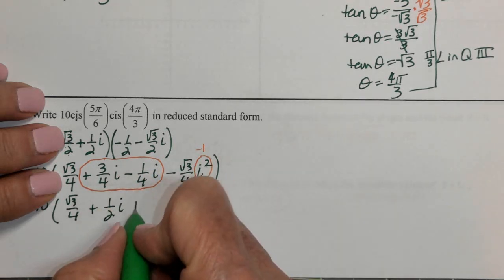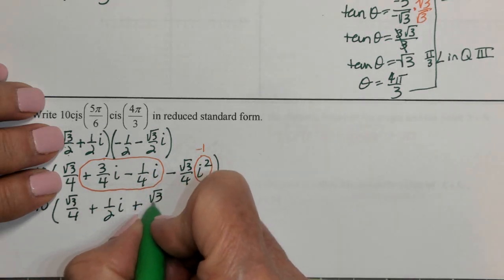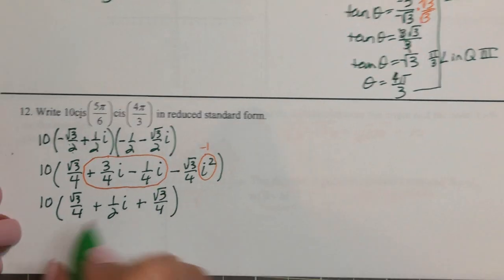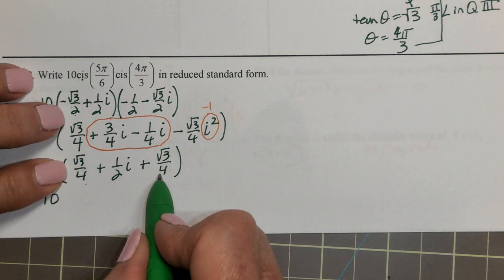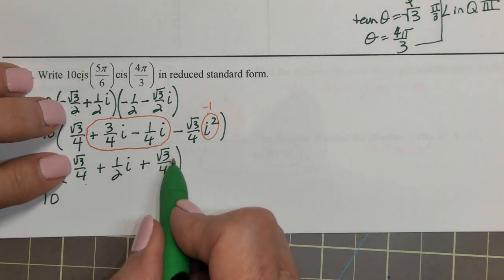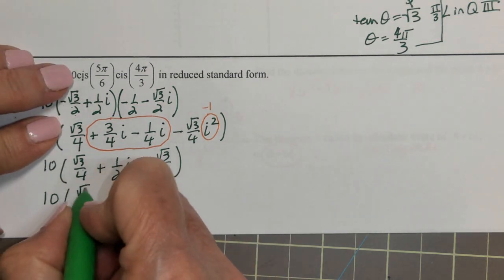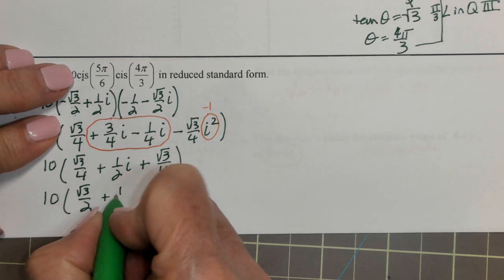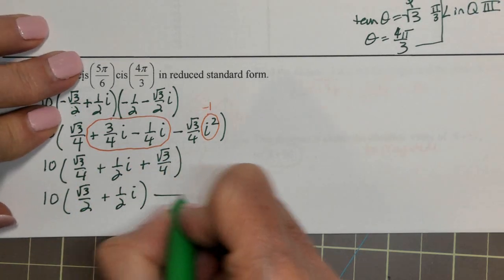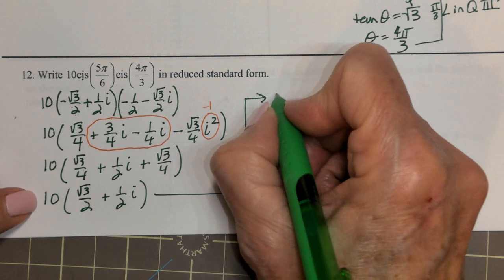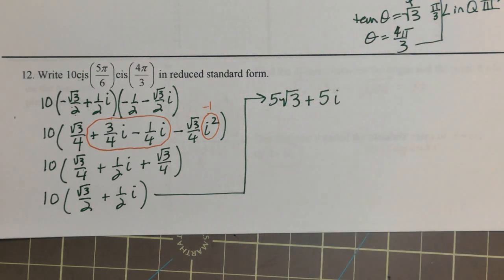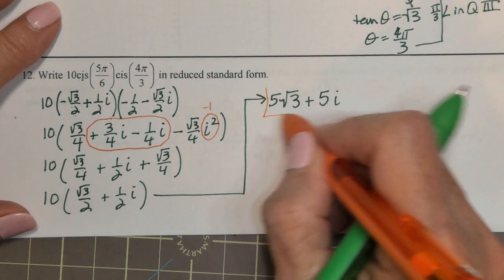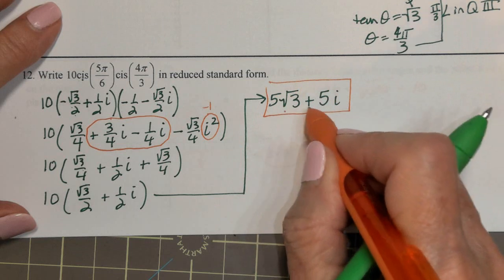And then here I have a plus square root 3 over 4. Almost there. Okay, square root 3 over 4 plus square root 3 over 4 is 2 square root 3 over 4, which is square root 3 over 2 plus 1/2 i. Multiply through by your 10, and you get 5 square root 3 plus 5i. And that is reduced standard form, a plus bi.